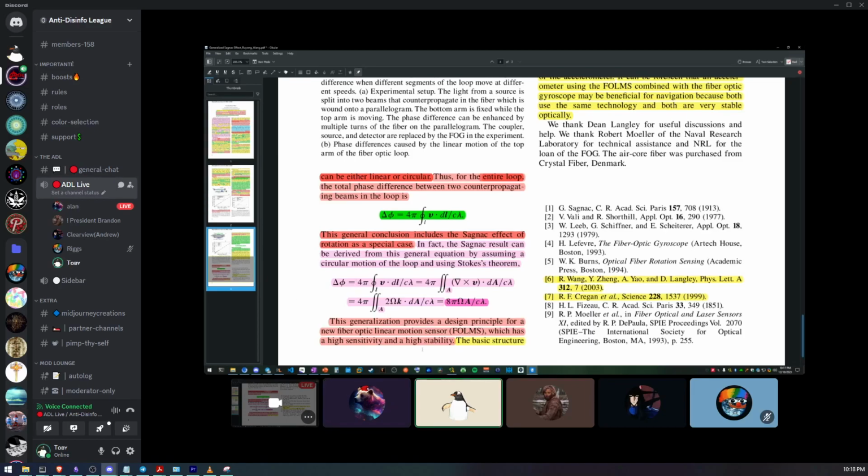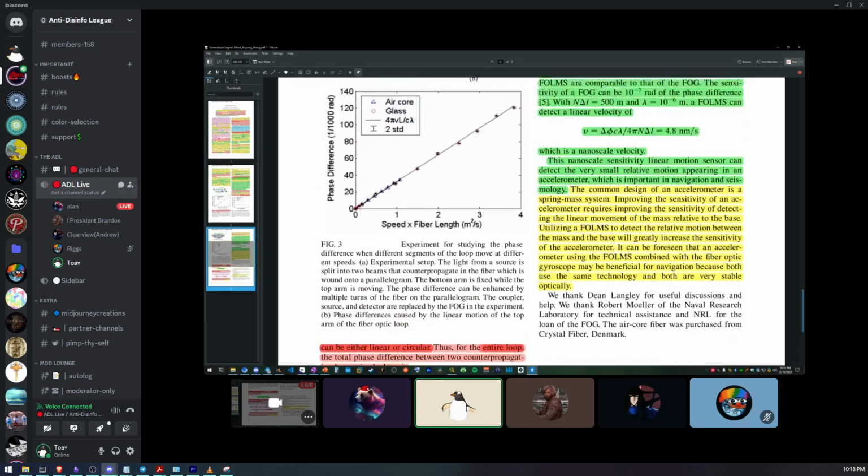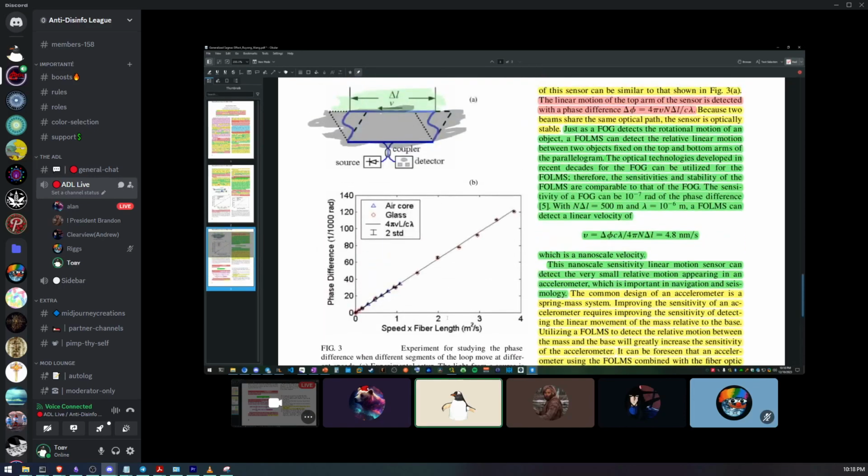If we actually were able to measure absolute linear motion with interferometry, that would have such major implications, especially for figuring out where their map is bunk.